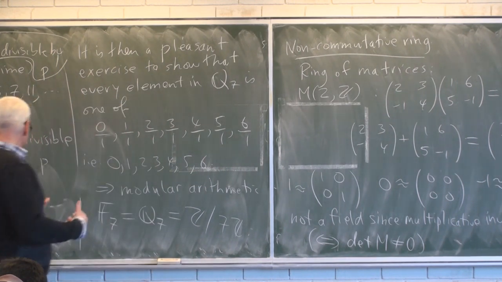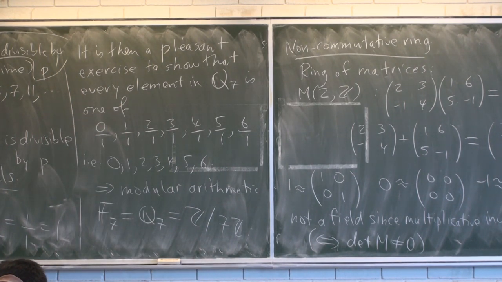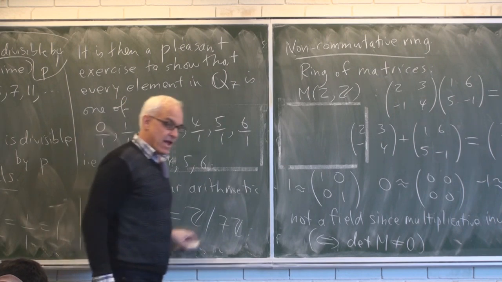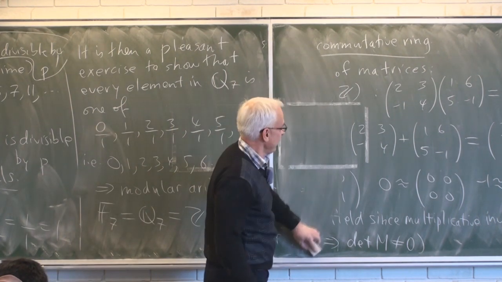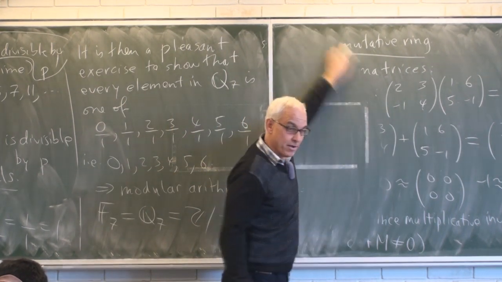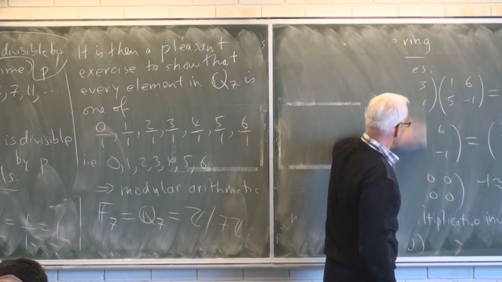And where do we need the property of primeness? We need the property of primeness again for the crucial property of the field, that every non-zero element has a multiplicative inverse. If we replace 7 with 6, then we would still get a ring, but we would no longer get a field.